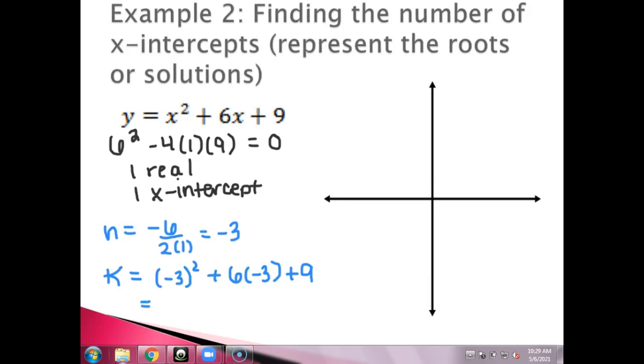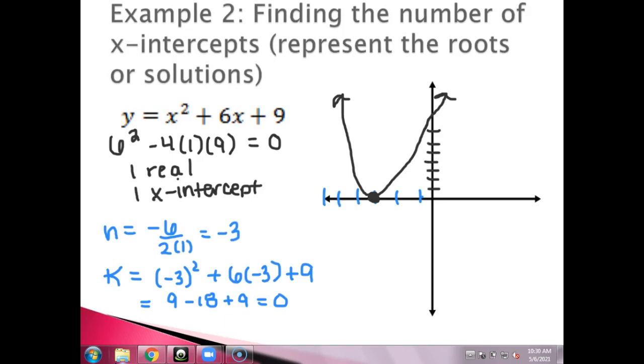But this time, when we plug negative 3 in, we get 9 minus 18 plus 9, which is 0. So that tells me that my vertex is on the x-axis, and that represents my one x-intercept and one real root.